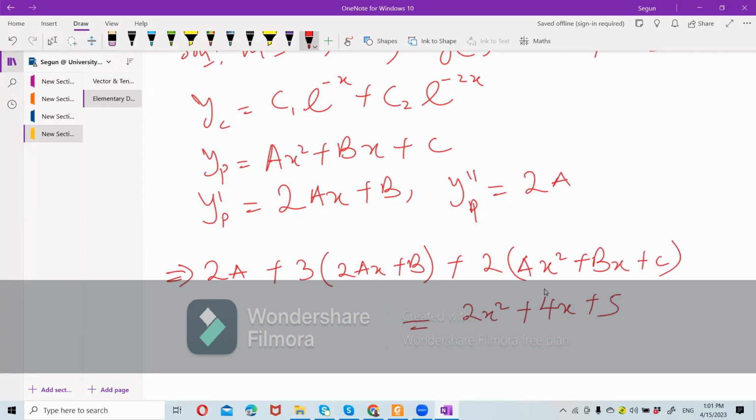So everybody, I want you to get A for me. What is A? The same method we used is the same thing you are going to use. Sorry, this one has x squared. Don't forget.